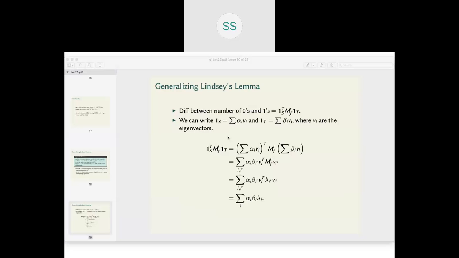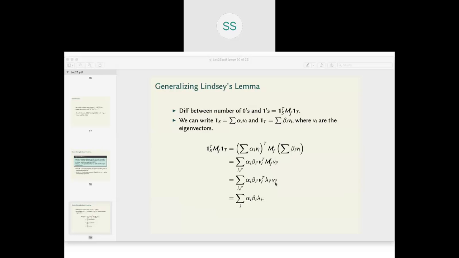So I can take out the constants alpha i and beta i prime. What we have is vi transpose MF dash vi prime, and MF dash vi prime will be equal to lambda i prime times vi prime.